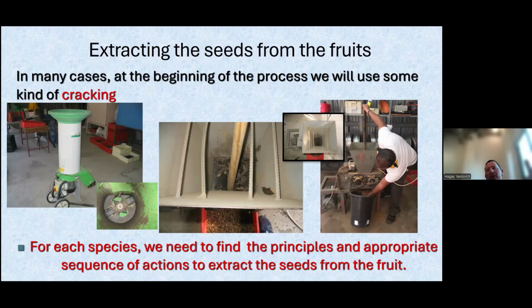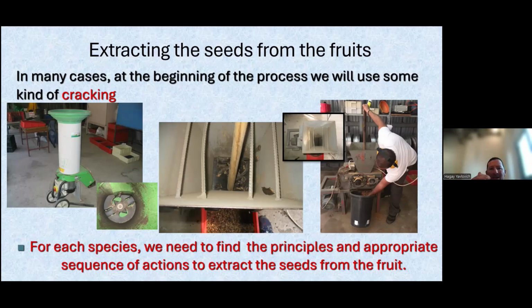But what we are doing is we take all the pods and we put them in the oven for one week, and then all the pods become very hard. And then we crack all of them, and then we put all of them in the sieve, and then we separate them by wind, and then we have clean seeds.